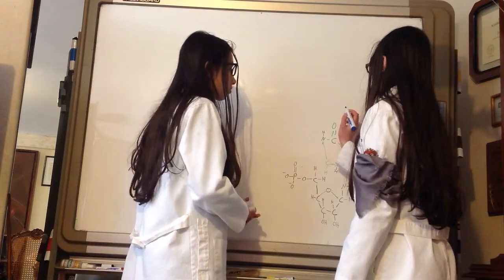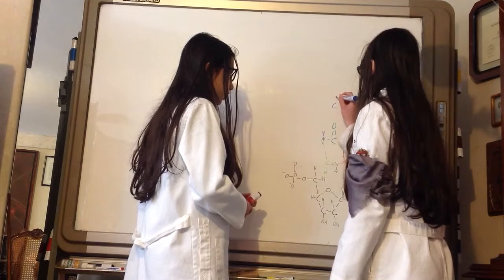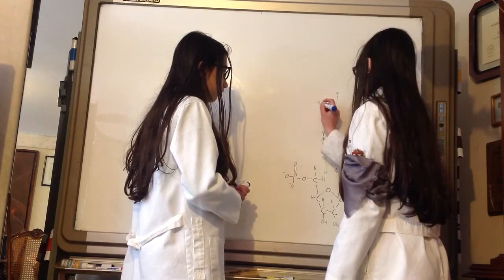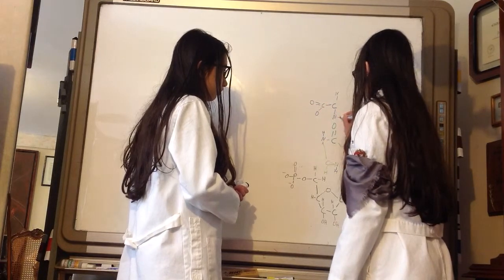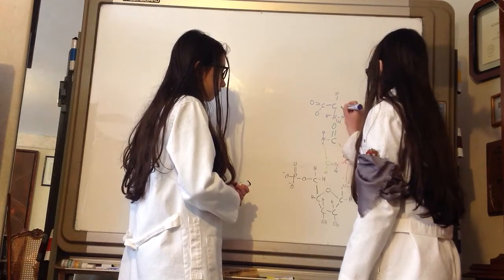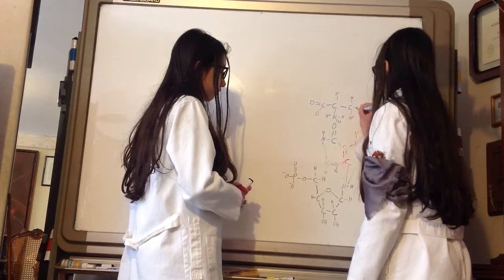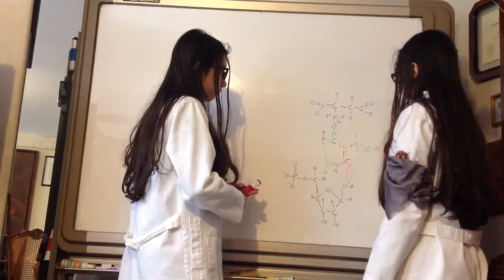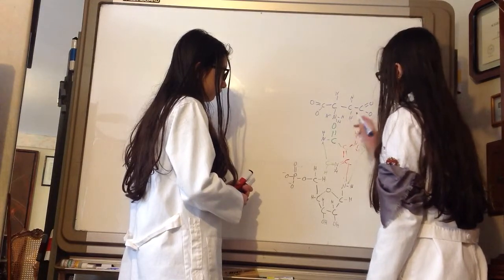The aspartate has an alpha carbon, a hydrogen, a carboxyl group, the amino group, one CH2 and a carboxyl group, and this amino is going to attach here to this carbon.